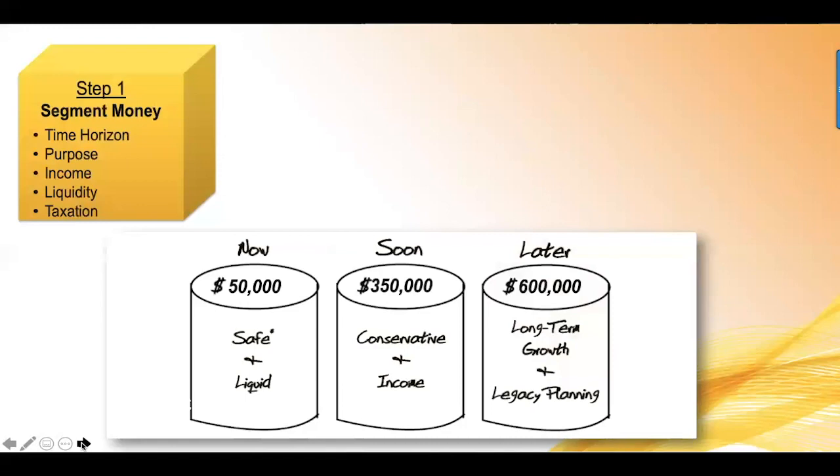Ultimately, income consideration is going to be factored into the now and the soon bucket. We never take income out of the later bucket. What happens is the soon bucket feeds the now bucket, and they consume the money out of the now bucket. The later bucket is almost like, have you ever been to one of those water parks where it has the kids areas, and they have that giant bucket up in the sky?